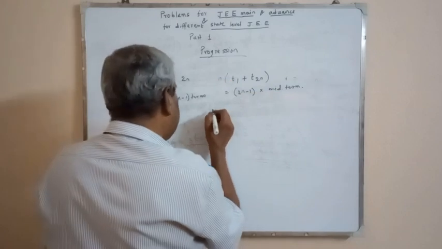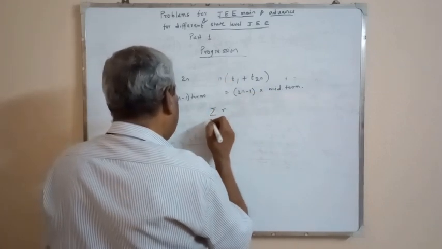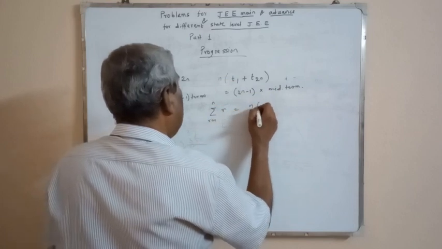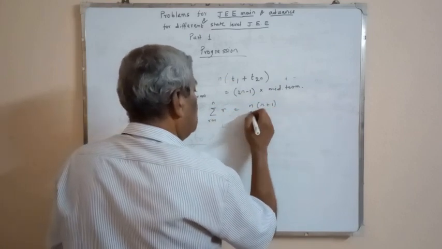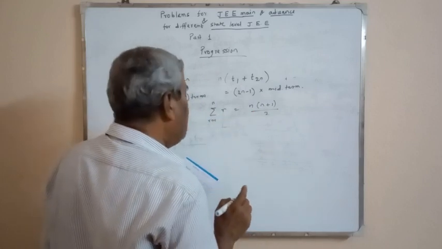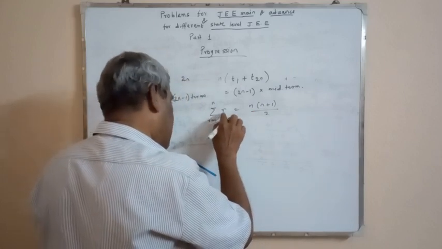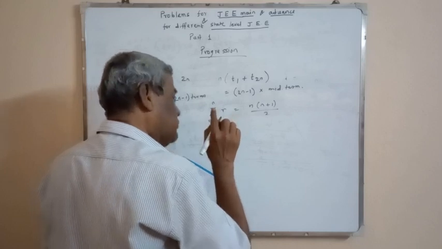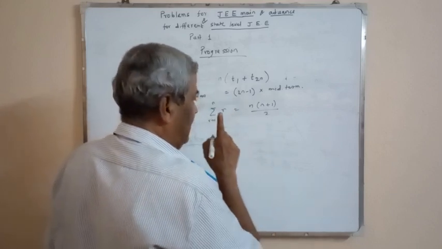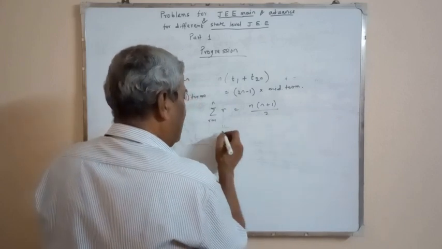And this thing, I think, sigma of r, r is equal to 1 to n, is equal to n into (n plus 1) by 2. Here r is an integer, and this means 1 plus 2 plus 3 up to n, and the sum is that.